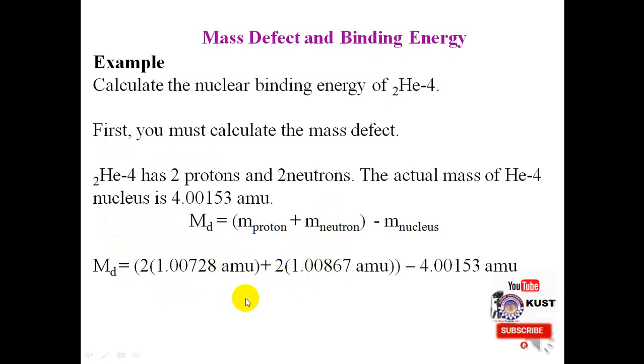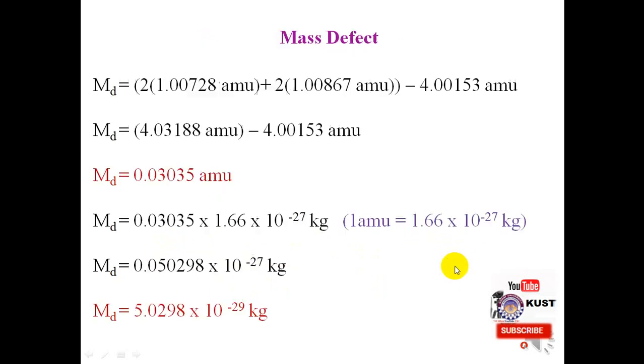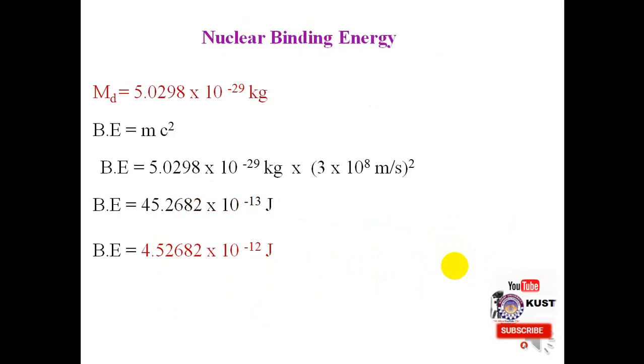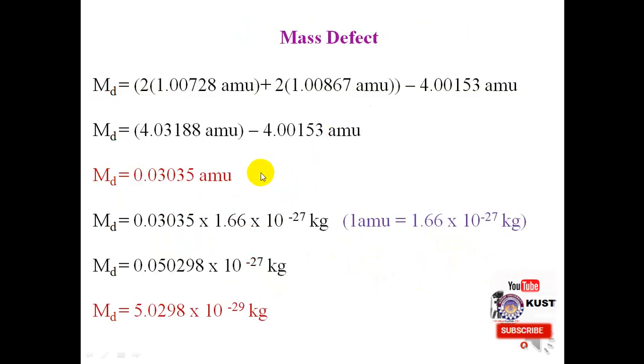Combining the mass of all nucleons minus the mass of the helium nucleus, we get 0.03035 AMU.